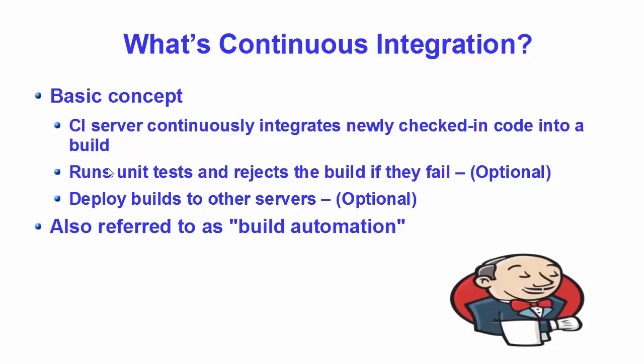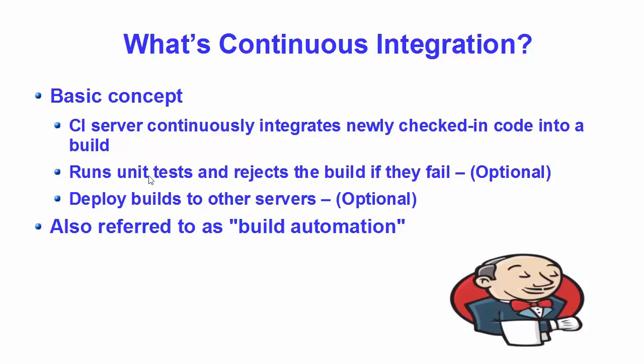You can see in the second step of continuous integration, I have written that it runs unit tests and rejects the build if they fail. So a continuous integration system runs the unit tests and detects the failure, and if a failure occurs during the unit tests or integration tests or any kind of test, it is going to reject that build and send the information to the developer or the maintainer of that code.